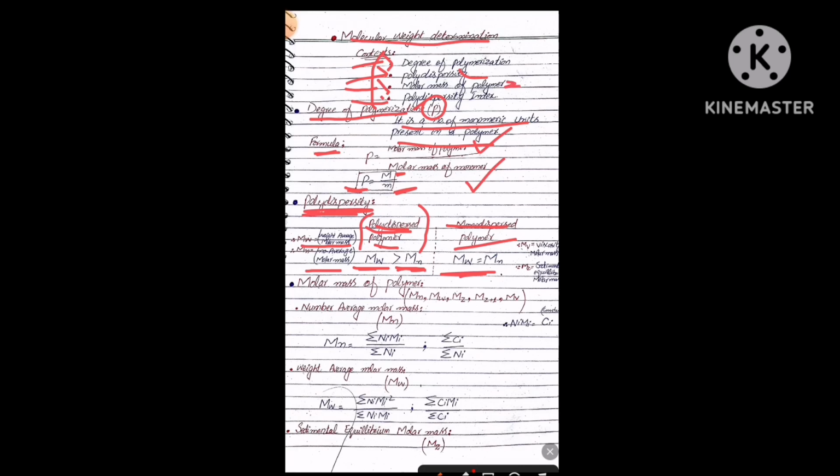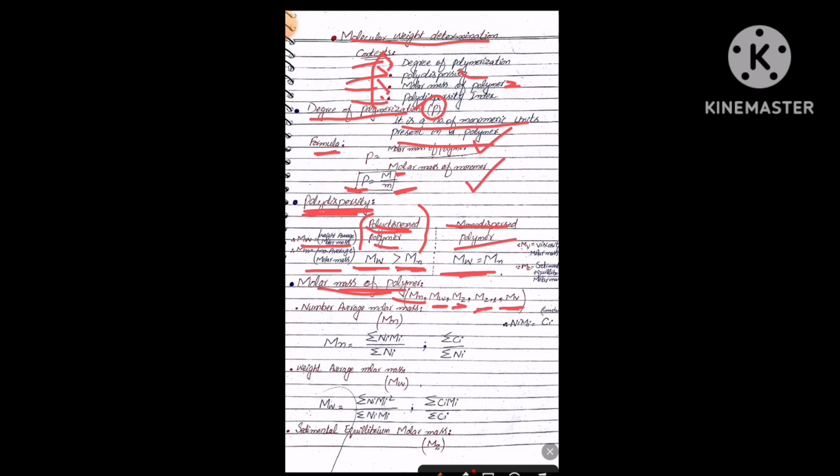The third content is the molar mass of polymer. Students, molar mass of polymer can be determined in various units: Mn, number average molar mass; Mw, weight average molar mass; Mz, the sedimental equilibrium molar mass; Mz+1, the sedimental equilibrium molar mass in which we add 1, and in the same way we add plus 2, plus 3 and so on; and Mv, which is the viscosity molar mass.